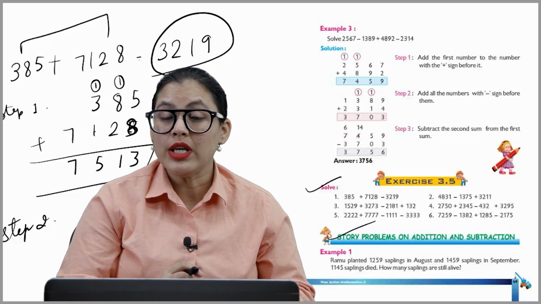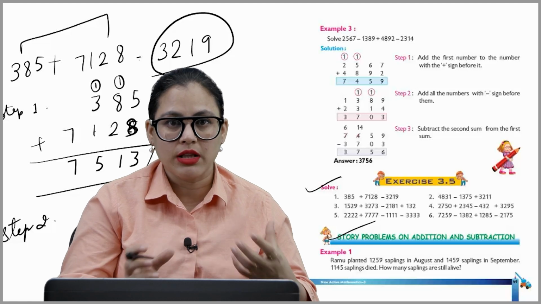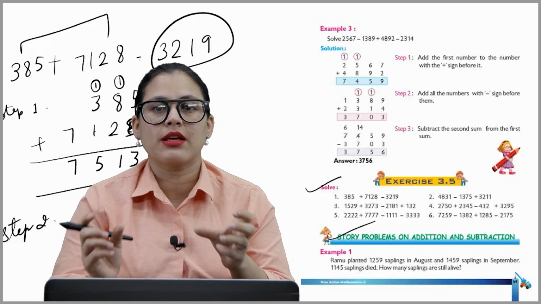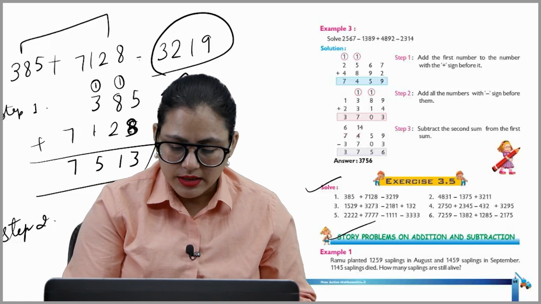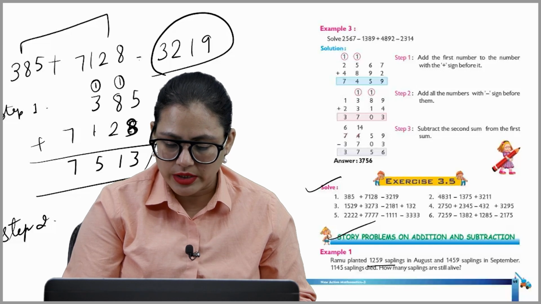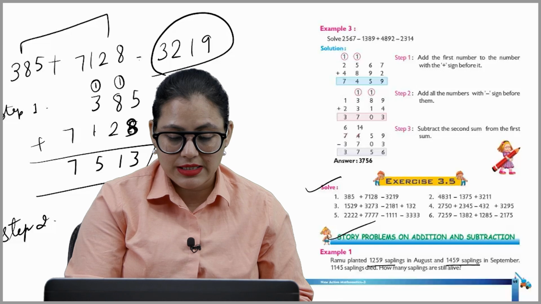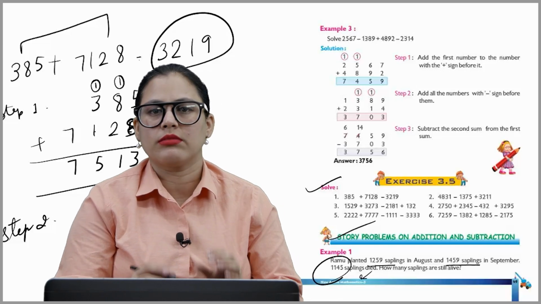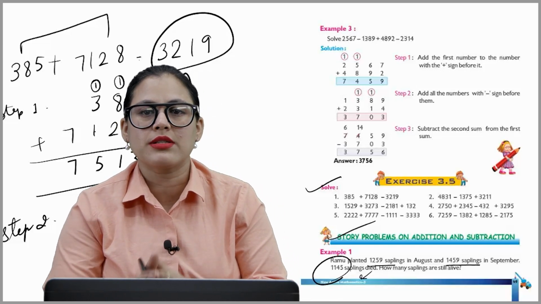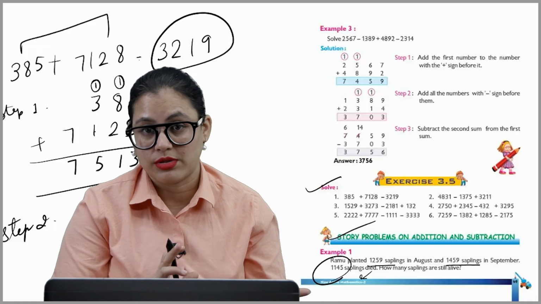And how do we find out the total number of anything? We just add the given numbers. So, we will add these saplings with these saplings and then we will subtract these saplings, because these saplings, that is 1,145 saplings, are no more out of the total.